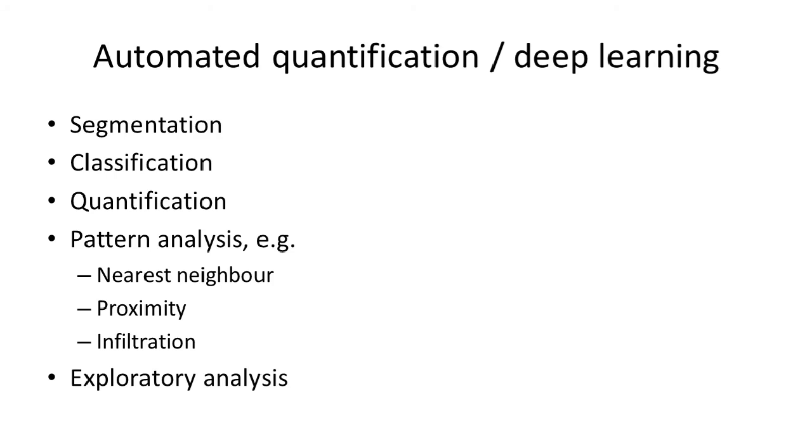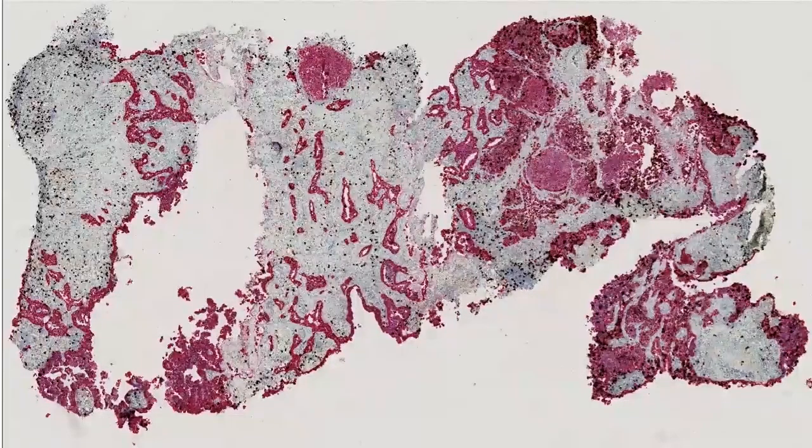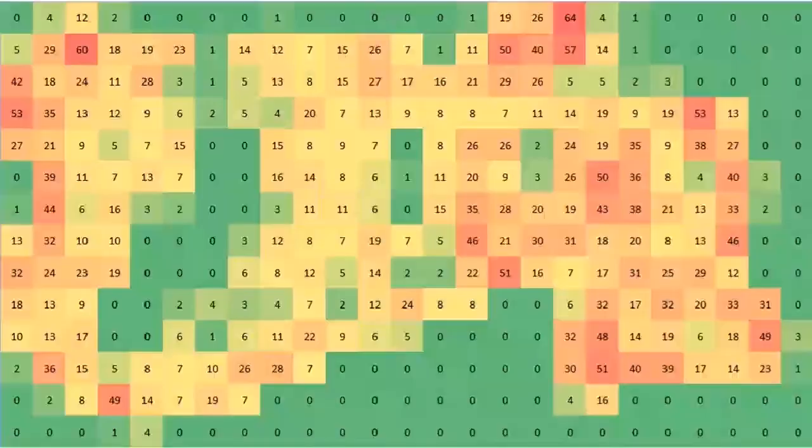You can use that to segment different types of cells, to classify different areas or different cellular compositions, to quantify, of course, the various different components that you're interested in, but also to do more complex analysis such as nearest neighbor analysis or proximity analysis or infiltration analysis, and eventually also by doing this in an unsupervised way, you could use this for exploratory analysis and actually find out whether there are additional parameters which might be predictive for a specific response to therapy.